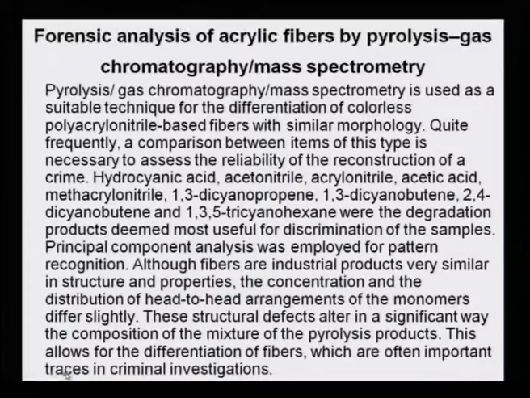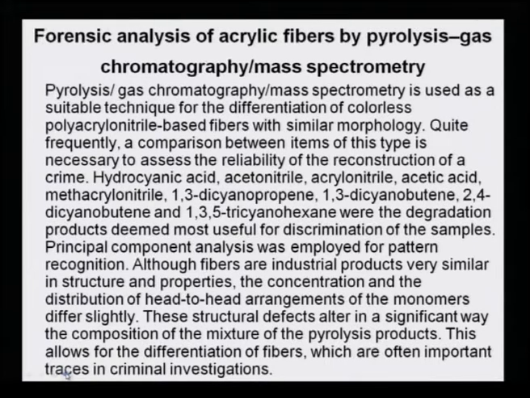Another example that I have chosen is the forensic analysis of acrylic fiber by pyrolysis gas chromatography and mass spectrometry. Pyrolysis GC-MS is not only used as I showed in the clay samples, but it is also a suitable technique for the differentiation of colorless polyacrylonitrile-based fibers with similar morphology.